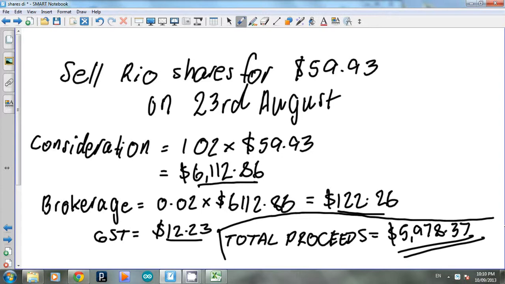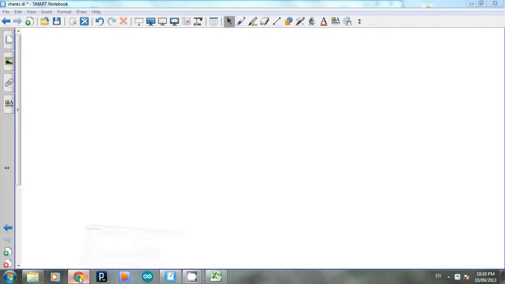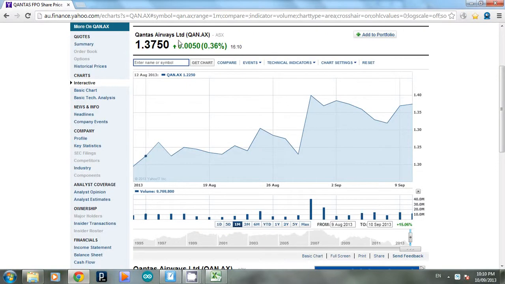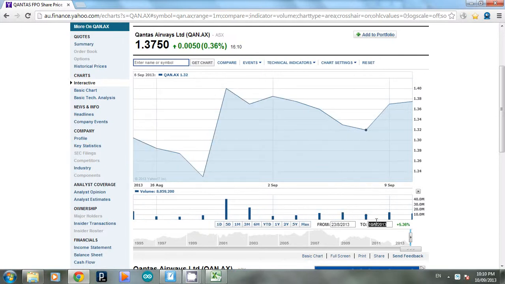Now I can use that to buy shares in Qantas. So my next step is, as before, to work out how many shares I can actually buy with that $5,978. So if I go back to my Qantas share price thing here, the first thing I'm going to want to do is adjust this. Now you remember I said I sold my Rio Tinto shares on the 23rd of August.